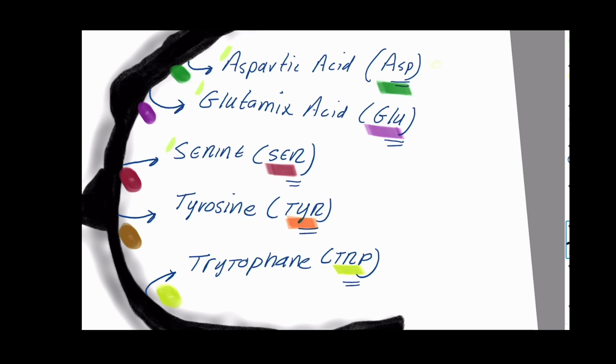Serine is very robust inside of the ligand binding pocket. Tyrosine, and we see something called tryptophan. Now, again, this is not a biochemistry lecture, just trying to conceptually show you how a drug will bind to these amino acids that are very rich inside of the ligand binding pocket.